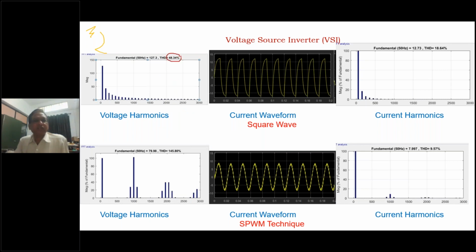This is a square waveform, and THD is 48%. When the modulation index is 0.9, 0.8, THD is very high. This is in voltage. Don't bother about voltage. See, this is the nature of current when the square waveform is there. This is the nature of current when the SPWM technique is there. See here, THD in current is 18%. THD in current is only 9.5%. So anyhow we can reduce the THD in current. That depends on the inductance value L. How much THD is there depends on L.